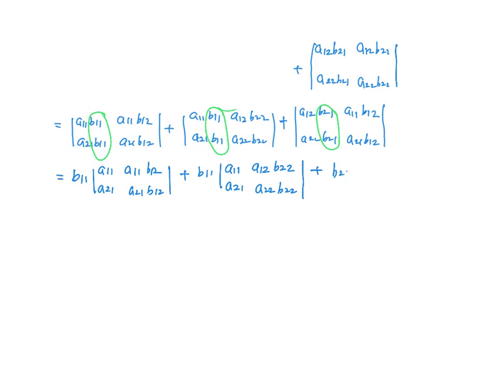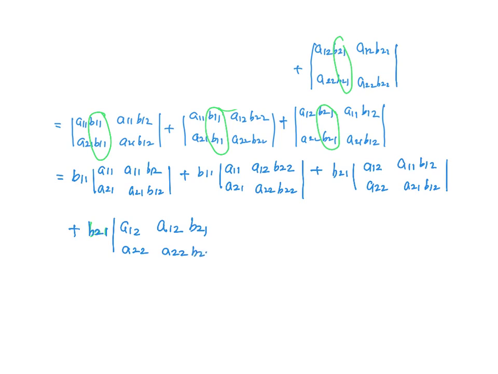So B21, A12, A22, A11 B12, A21 B12, and this is B21. B21, A12, A22, A12, A22, B21, B21.